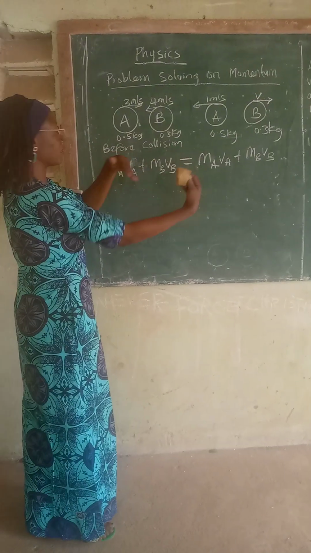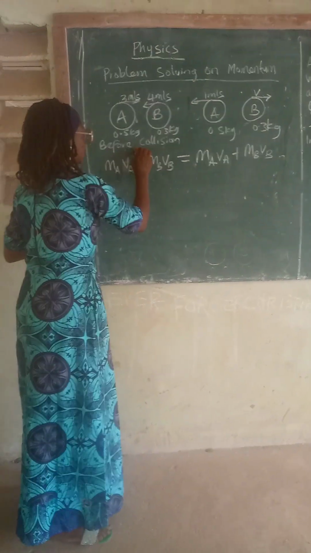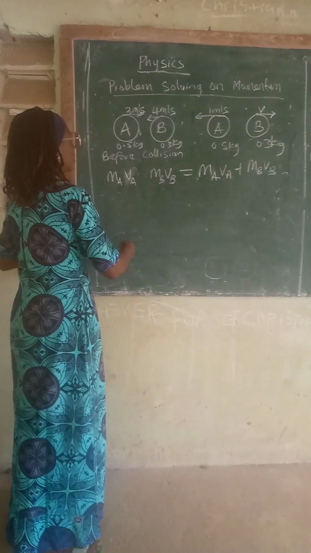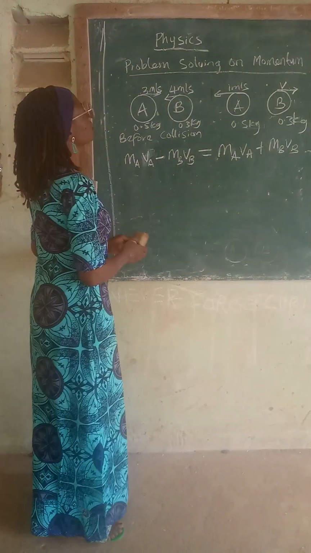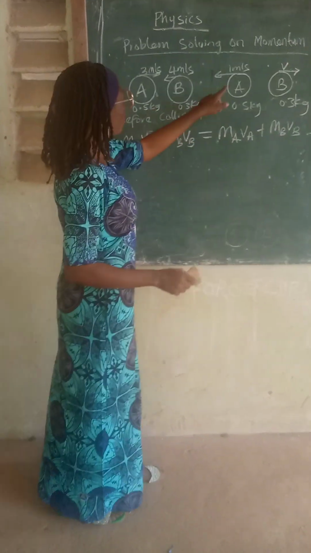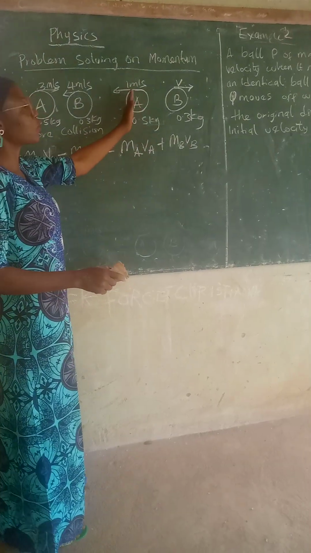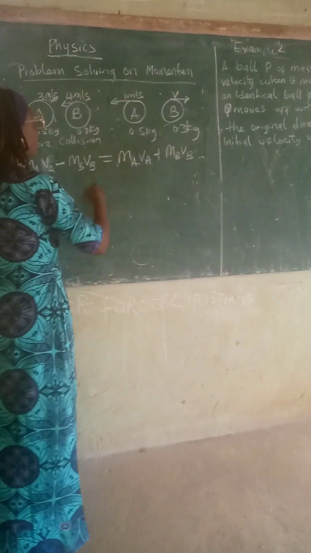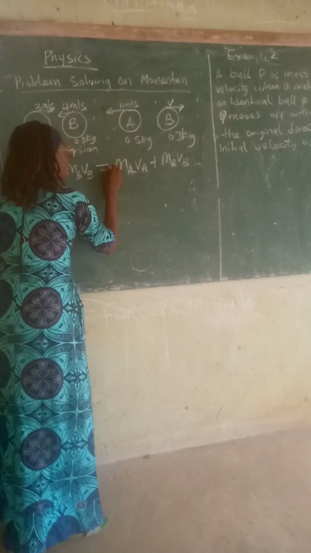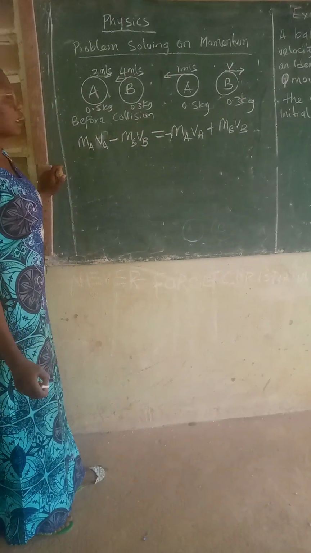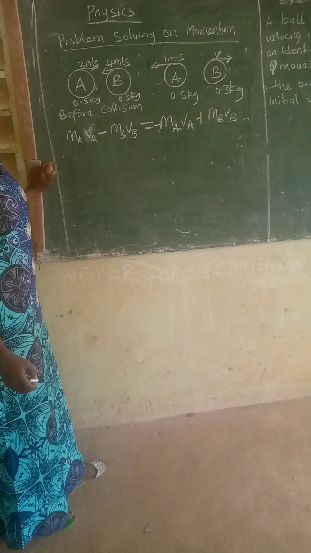So we take note of the sign. This is going to be a minus. This is going to be minus. Now this one is moving in the opposite direction, so the velocity is going to be minus. Are you following me?